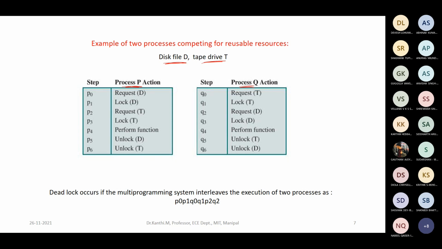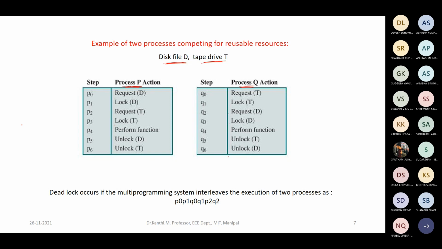Now the process P shown here has these steps: you request disk, then you lock it, request tape, lock it, perform function, unlock D, unlock T. That is P0 to P6, the sequence. Similarly, for Q, the process Q requests T, then locks T, requests D, locks D, performs function, unlocks T and unlocks D.